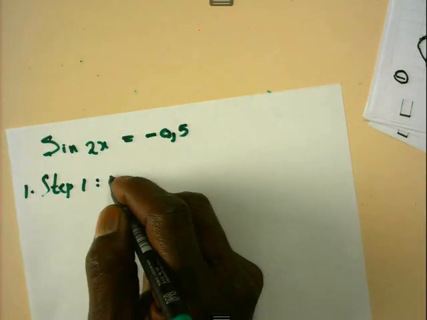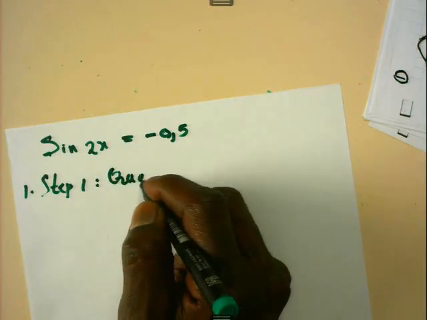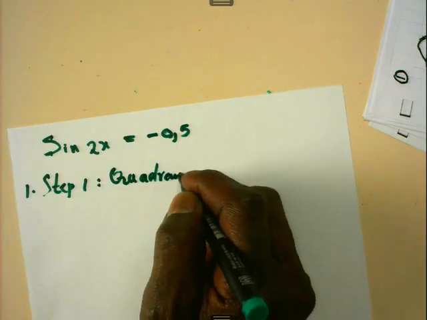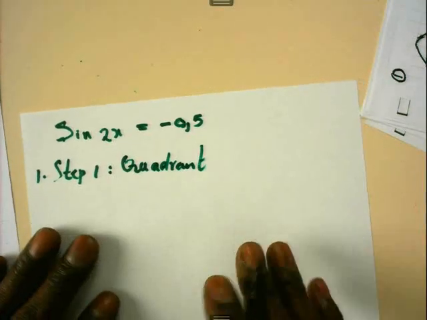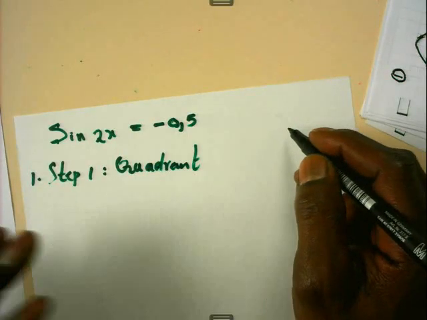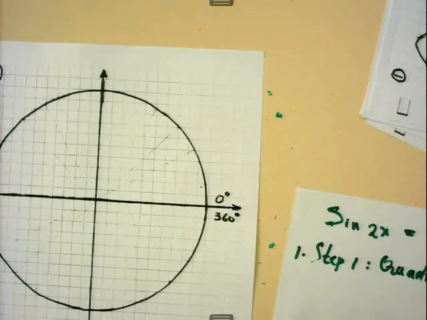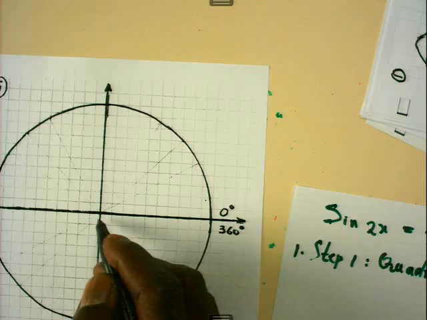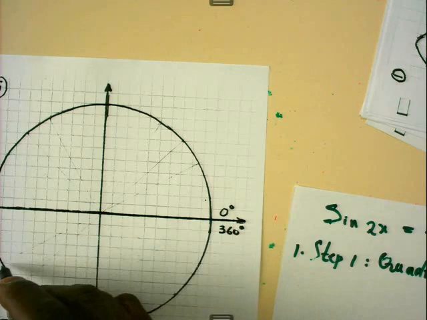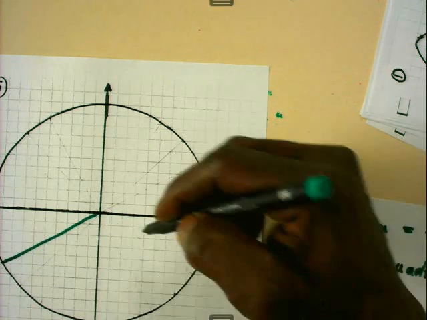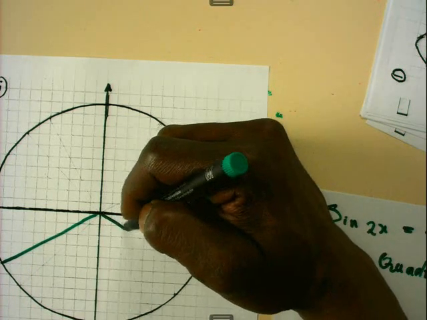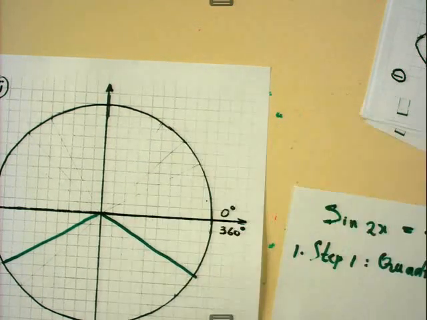Step one is to identify the quadrant. And where are we? We are in the third and the fourth quadrant.